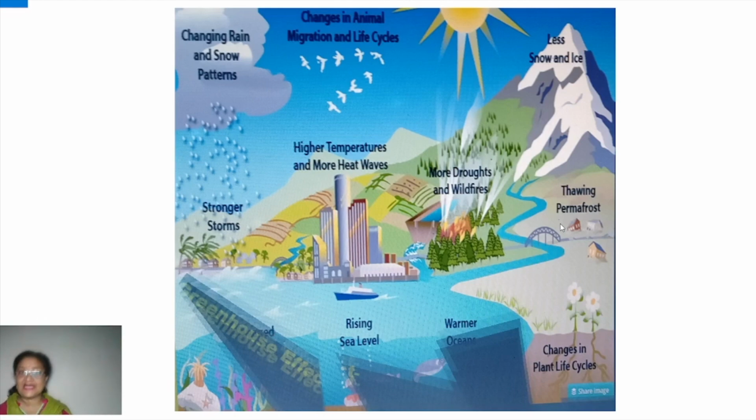Forest fires will be quite common. Okay, so these are a few things, and these are totally because of the increase in greenhouse gases in large quantity. So what is the solution for all this?